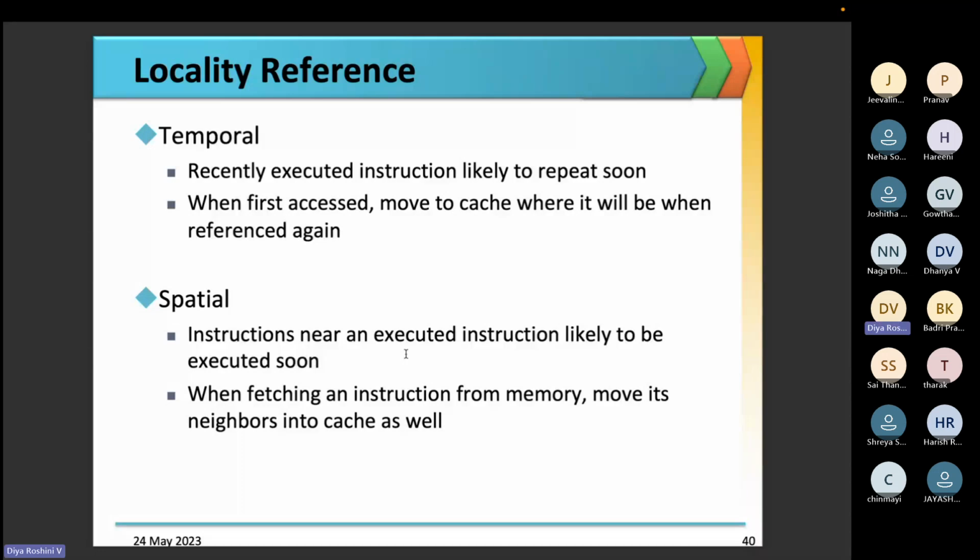So now I do not bring only one instruction from the main memory to the cache. I will bring a set of instructions called a block from the main memory to the cache. So now, whenever I want the next instruction, the n plus 1th instruction, I won't go back to the main memory. I will rather get it in the cache. So this is how a cache works.